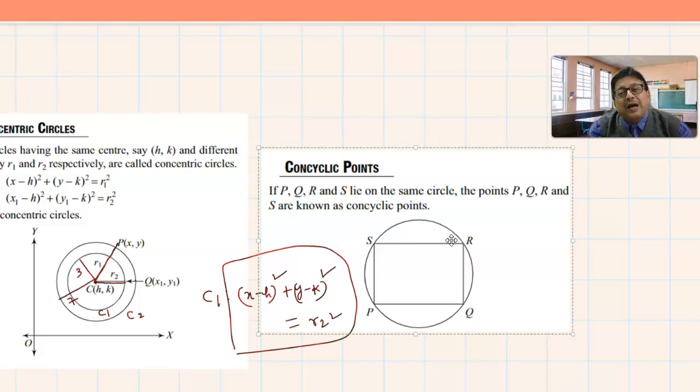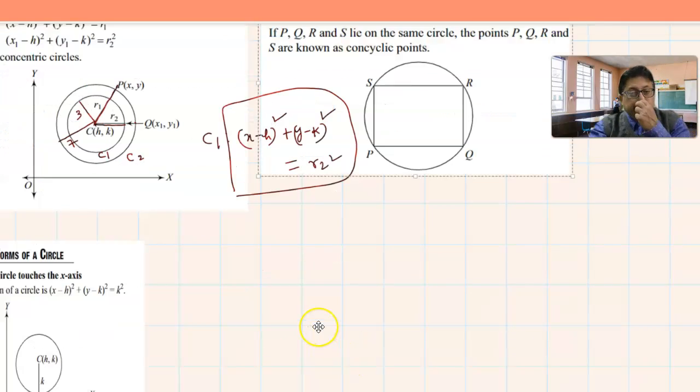If the fourth point lies on the same circle, that is, if it satisfies the equation of the circle passing through the three given points, then those four points are concyclic. So for concyclic points, just remember that those four points lie on the same circle.